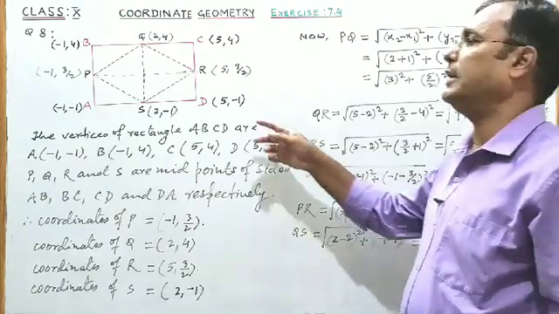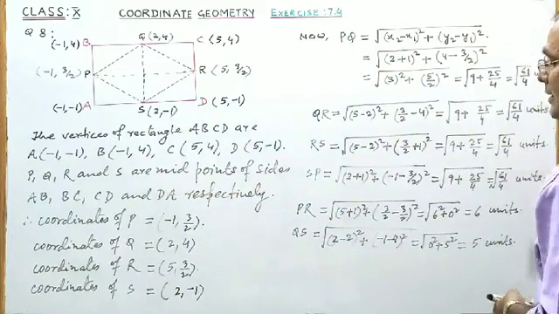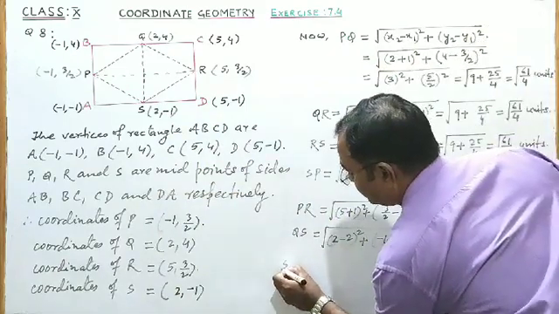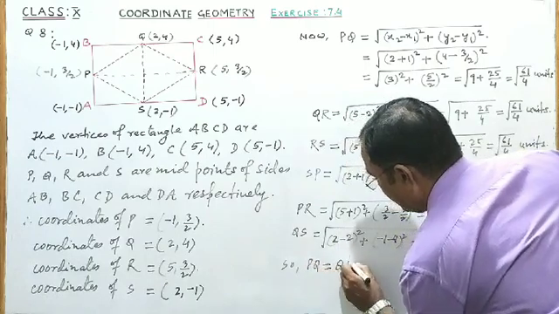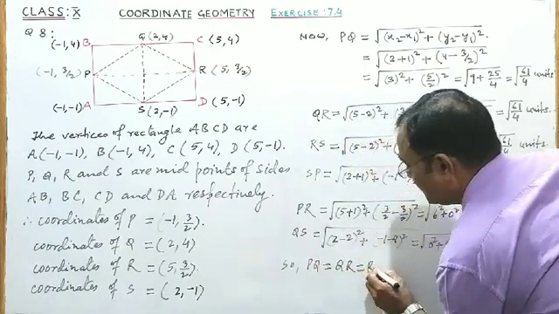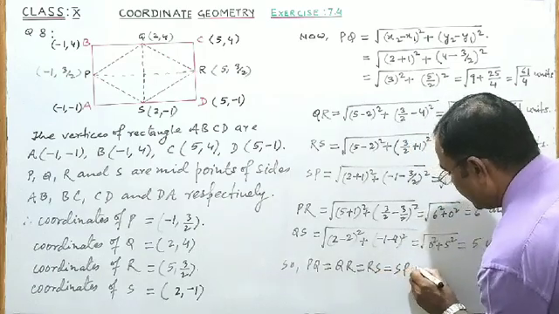So here in quadrilateral PQRS, four sides are equal but diagonals are not equal. So PQ is equal to QR is equal to RS is equal to SP.